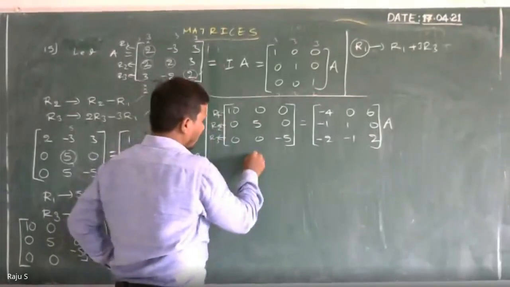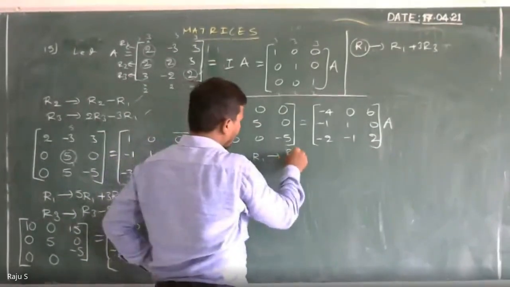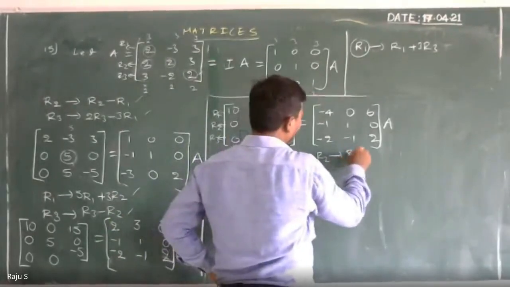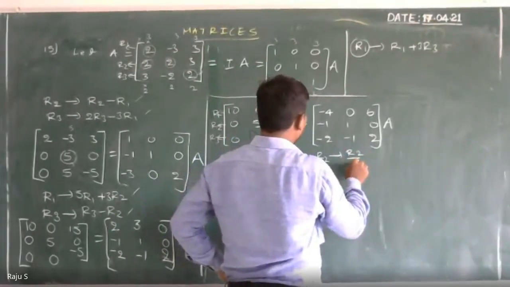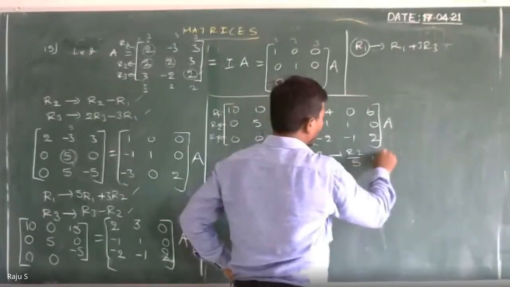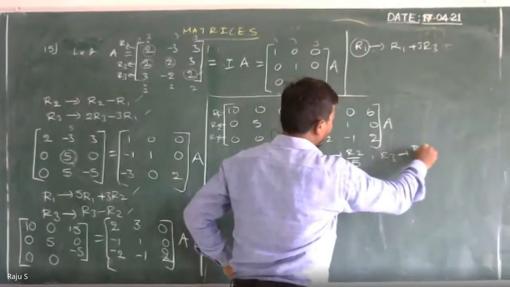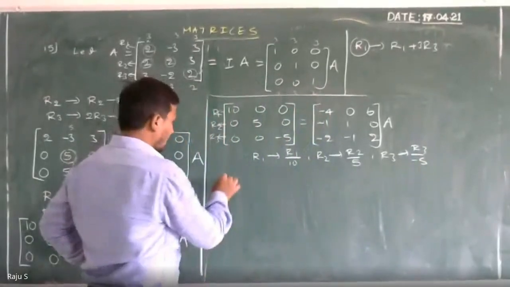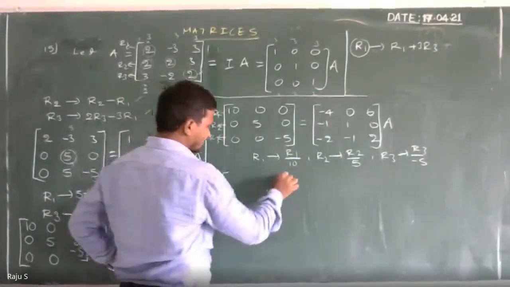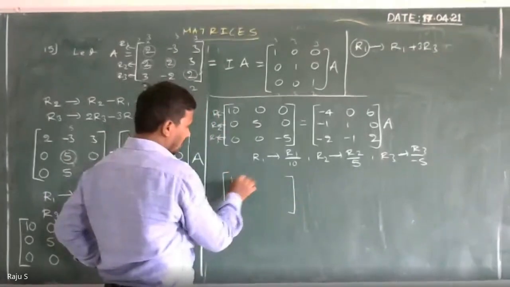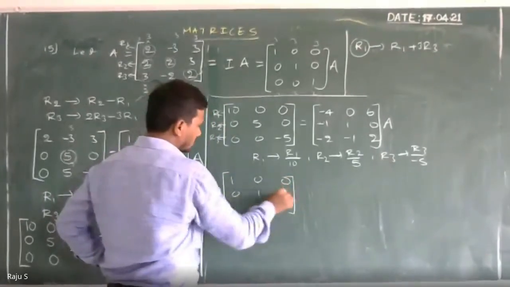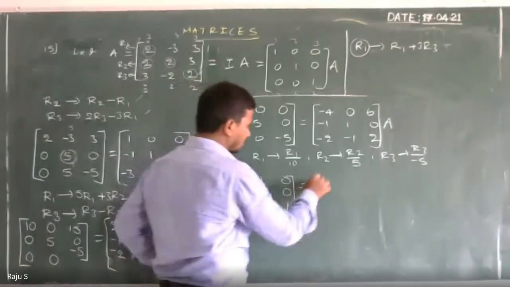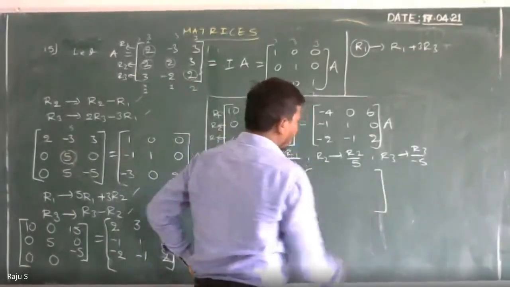So apply R1 tends to R1 by 10, R2 tends to R2 by 5, R3 tends to R3 by minus 5, right? So finally, left side is 1 0 0, 0 1 0, 0 0 1. We got identity.